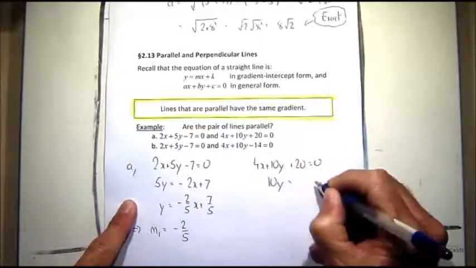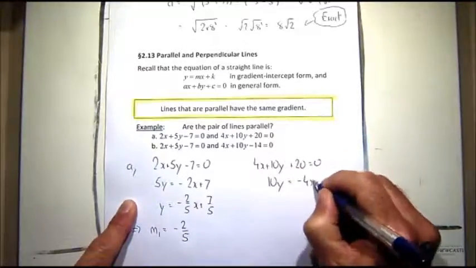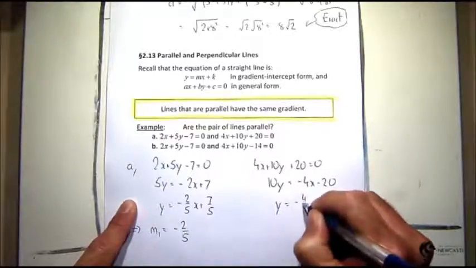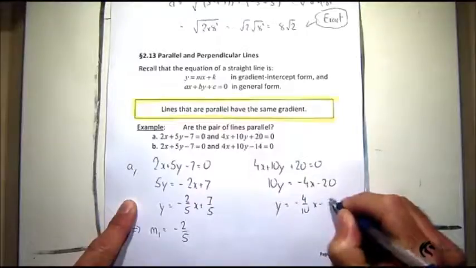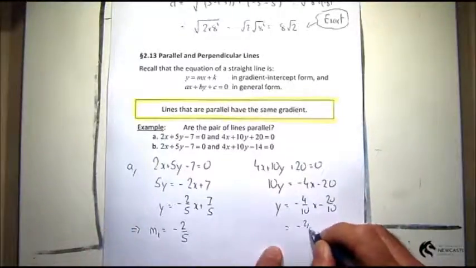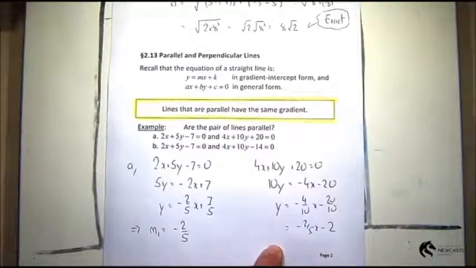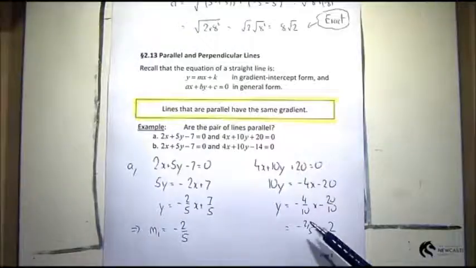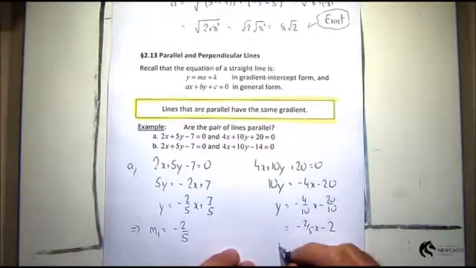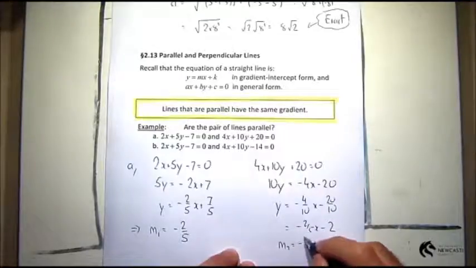Therefore 10y is equal to minus 4x minus 20. So y is equal to minus 4/10 x minus 20 on 10, which I can write as minus 2/5 x minus 2. Importantly there, I can read the gradient, it is minus 2/5, the same as the first one. So here m2 is also minus 2/5.